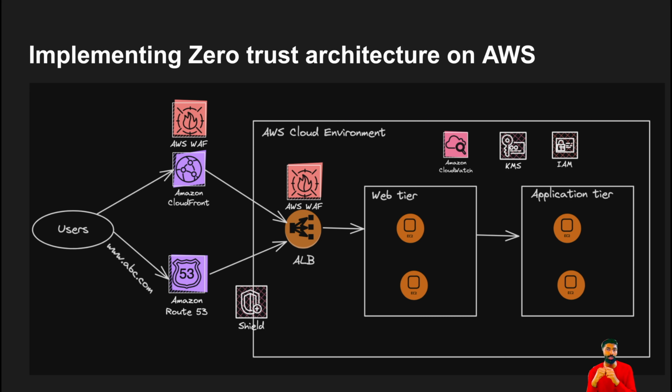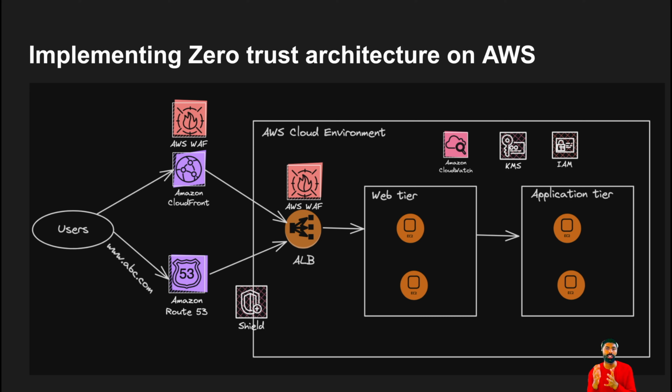Then there is AWS Shield, which provides protection to the network and infrastructure from DDoS or distributed denial of service attacks. And then there is a second WAF, which provides layer 7 security for anyone who has, let's say, bypassed the Amazon CloudFront or has got access by randomly searching the IPs. So the second WAF provides the protection at the load balancer level.